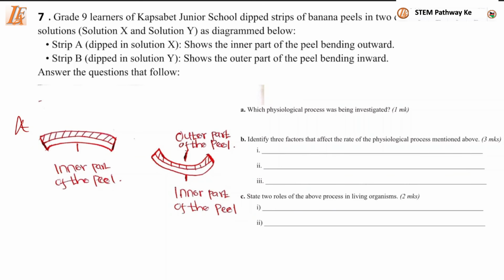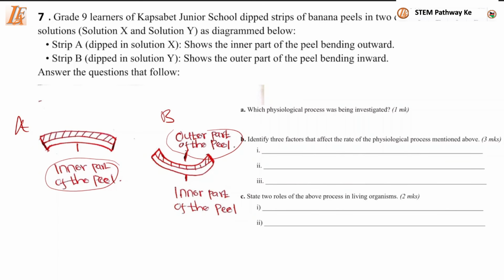And then we also have strip B, the second one, which is dipped in solution Y, and it shows the outer part of the peel bending inwards. And then the question is, which physiological process was being investigated?